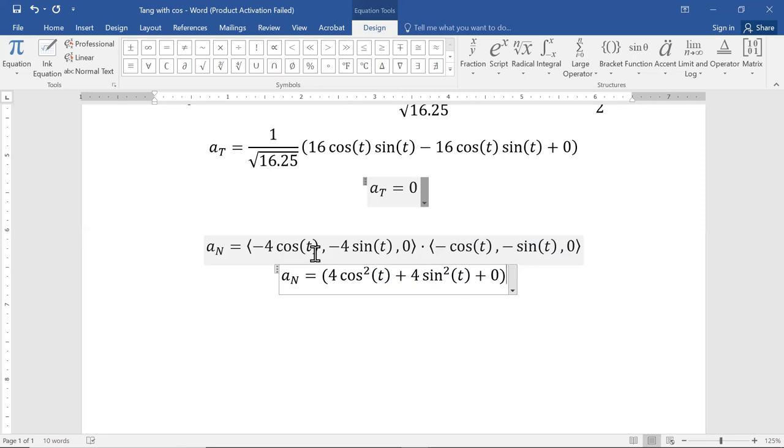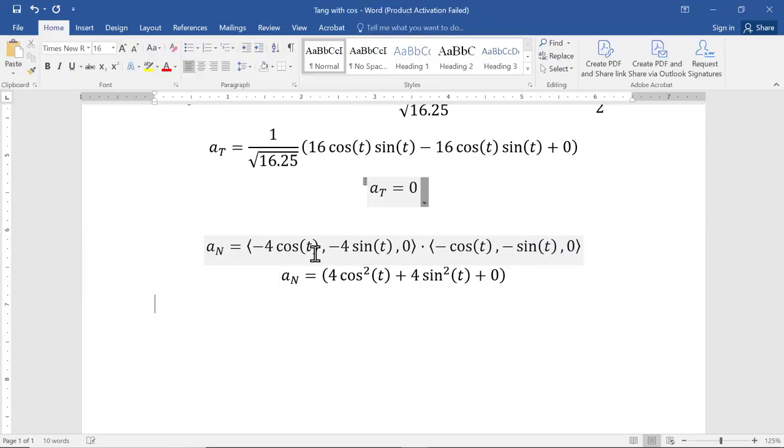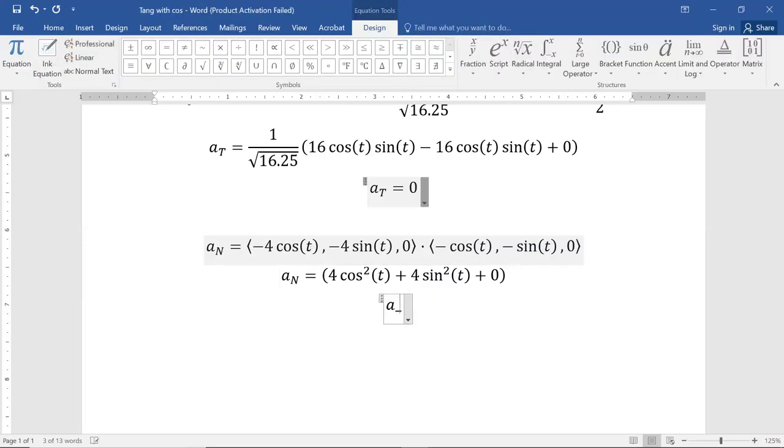Cosine squared plus sine squared is 1. So if I factor out a 4, I get 4 times 1. And that means my A sub n is equal to 4.